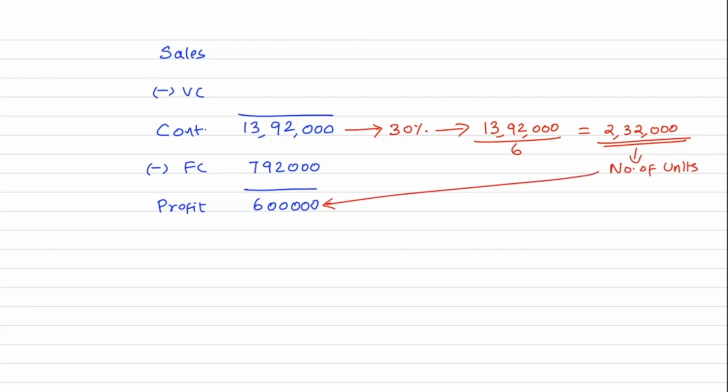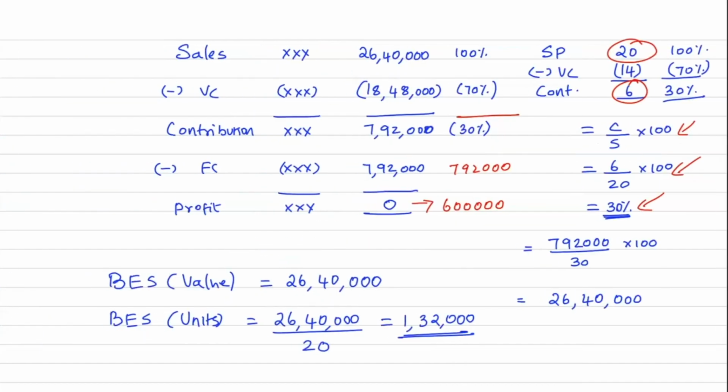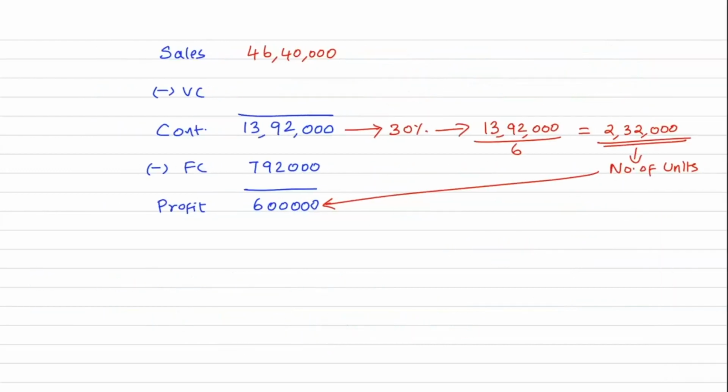So this 2,32,000 is actually the number of units that should be sold in order to achieve a profit of 6 lakhs. If you want to check that, you can do by multiplying this 2,32,000 with the selling price of 20. So 2,32,000 into 20 will give you 46,40,000. And already we have seen that variable cost is going to be 70% of this. So 46,40,000 into 70% will give you 32,48,000.